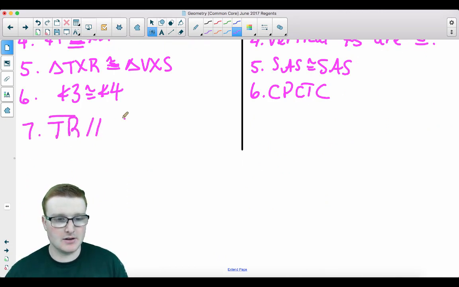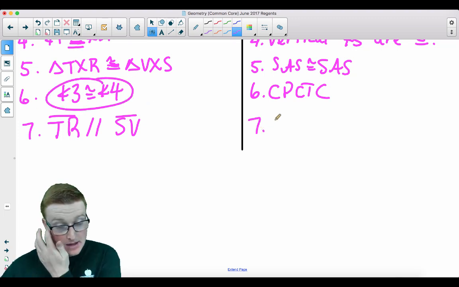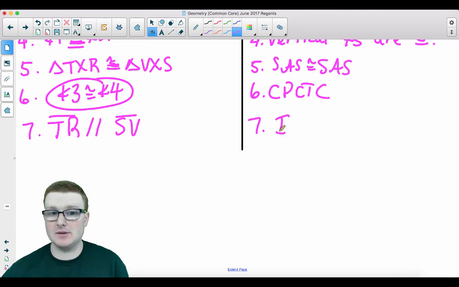Last but not least, number 7. TR is parallel to SV. Why? Well, it has to do with angles 3 and angle 4. So, I'm going to say this, and here's your theorem that I hope is drilled into your head.